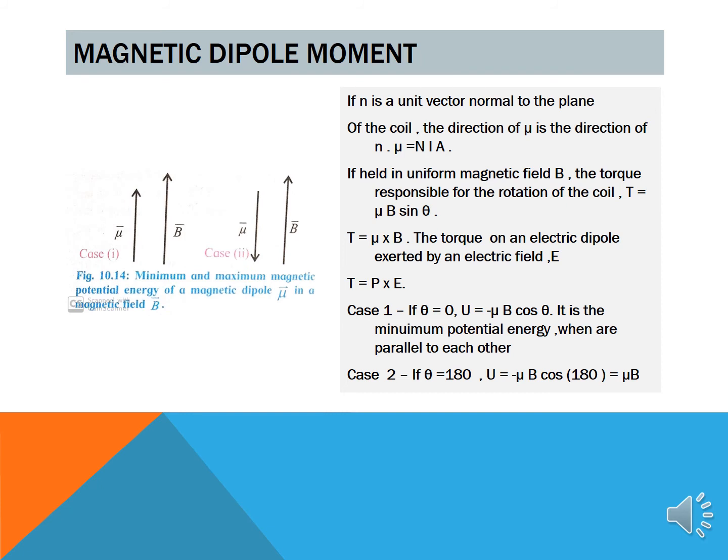Case 2 indicates that if theta is 180, U is equal to minus mu B cos 180, which is equal to mu B. This is the maximum potential energy of a magnetic dipole in a magnetic field, that is when they are anti-parallel to each other.